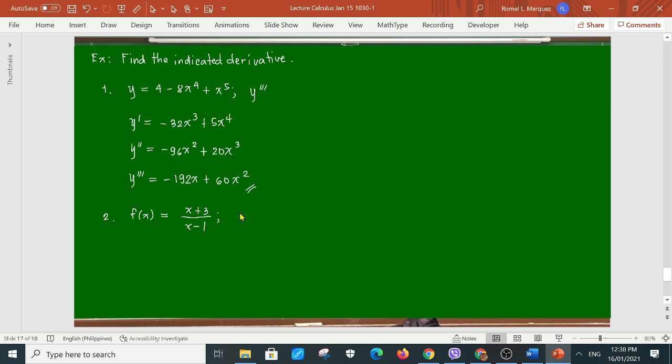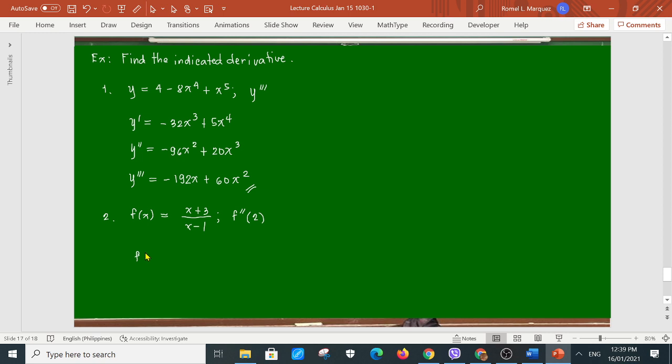What is the second derivative? And I want to find the value of that. When we say f double prime at 2, what is the value of the second derivative when x is 2? Not just the derivative at any value, but at a particular value.